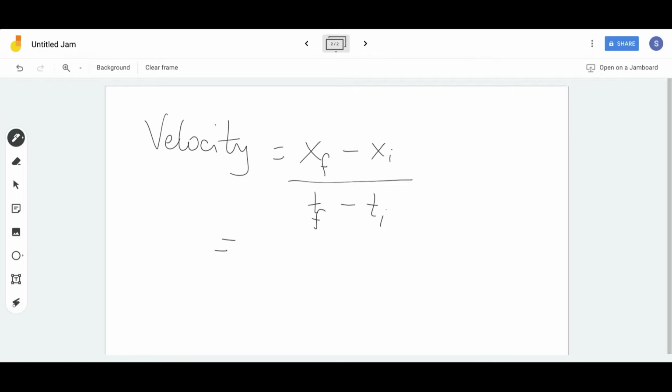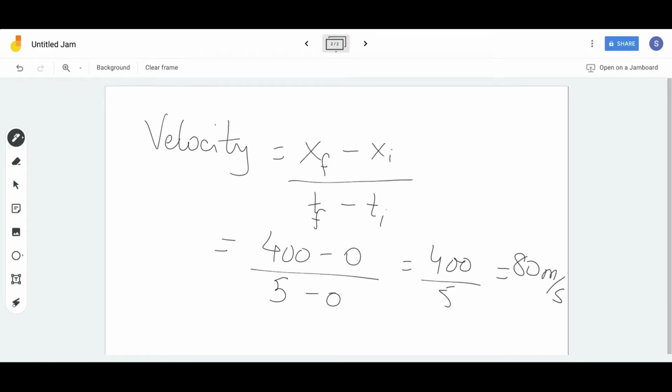So that is going to be 400 minus 0, and then 5 minus 0. So that's 400 over 5, which is equal to 80 meters per second.